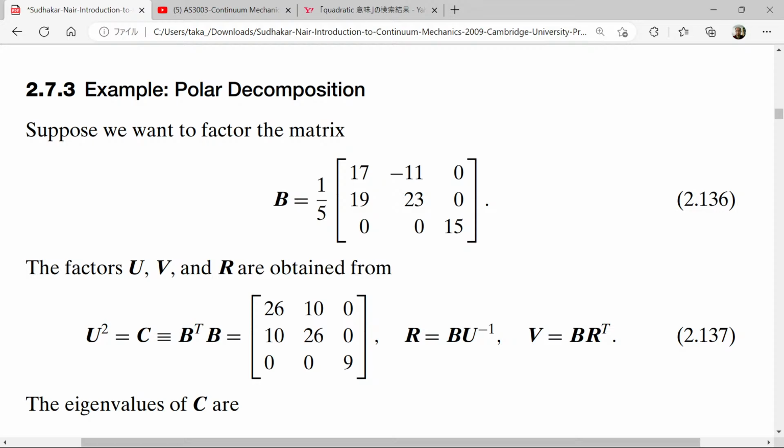Example, polar decomposition. Suppose we want to factor the matrix like this. The factors U, V, and R are obtained from U squared equals C equals B transpose B, and so on.